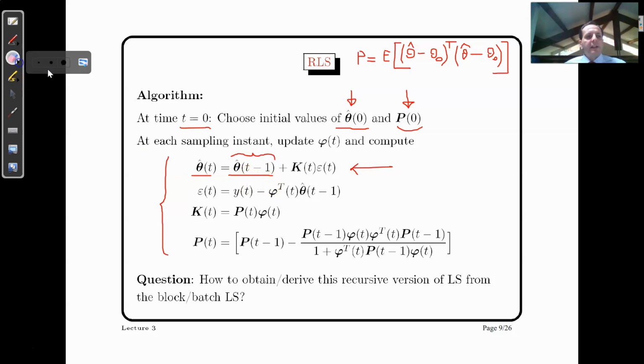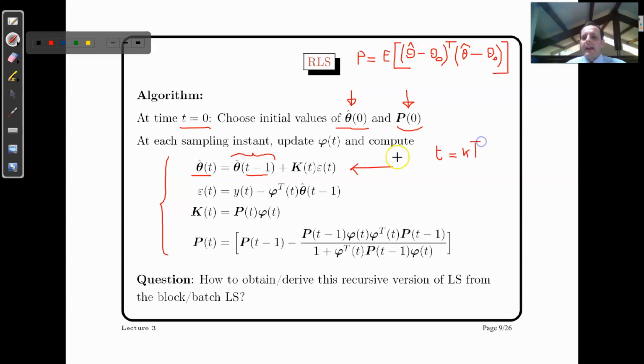Notice that we have t minus 1 and t. Small t represents the sampling interval: t is equal to the integer k multiplied by the sampling time.